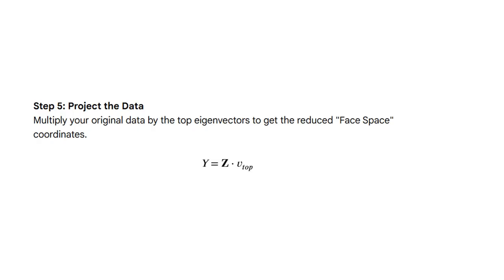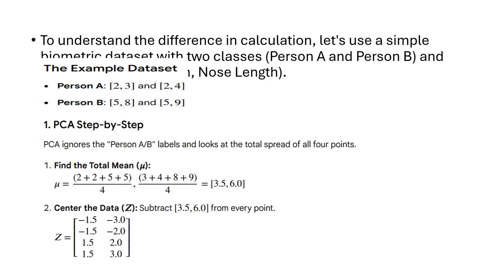Now we will look at a sample example of how PCA works. Here we take 2 samples, eye width and nose length, and consider them as a matrix. Eye width samples divided by 4, we calculate the mean values, so mu equals 3.5 comma 6.